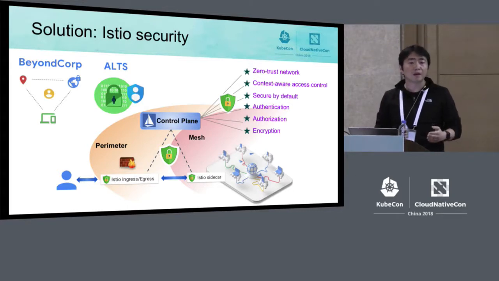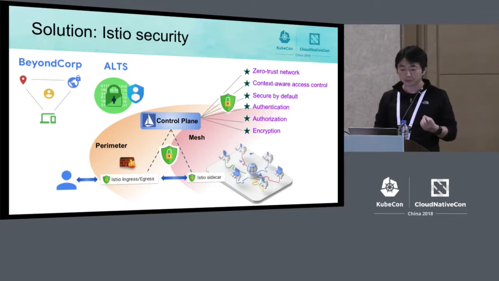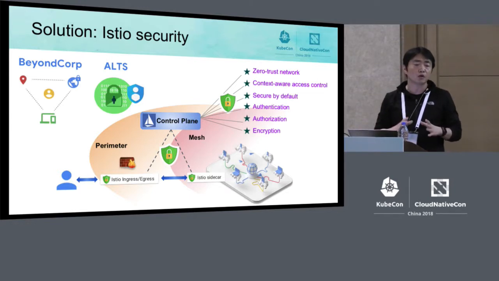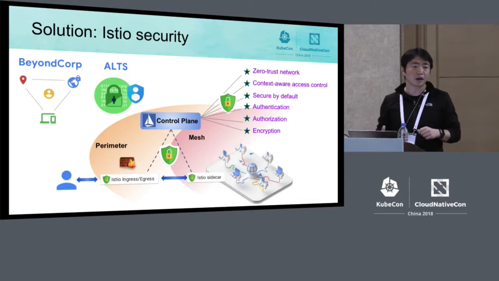Istio provides a platform to help users secure their microservices as Google does. Same as BeyondCorp, Istio has no trust in the network. Whether access is granted or denied is based on the context.